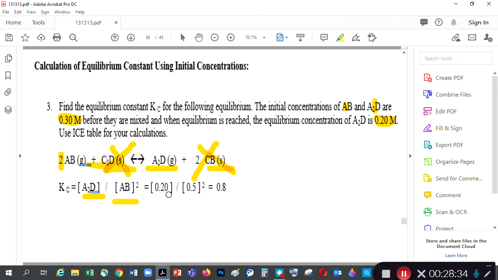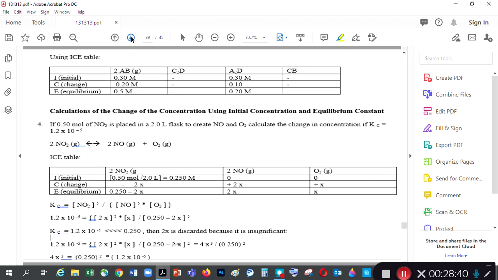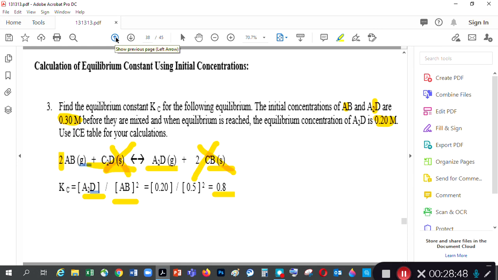So it's 0.2 divided by 0.5 squared, 0.8. Okay. Now, let's go back here. Find the equilibrium constant Kc of the following initial. Yes. So this is just the 0.8 when we have the Kc.